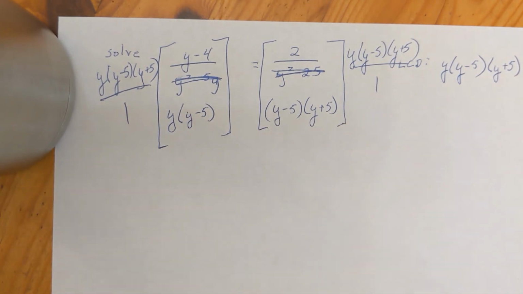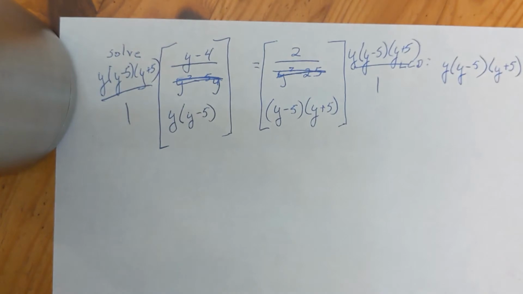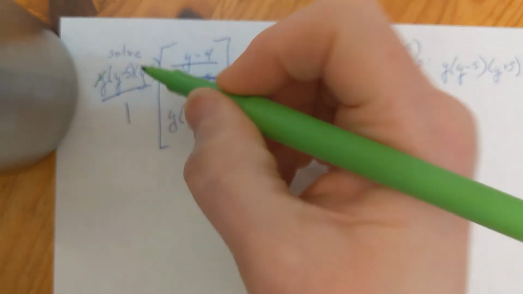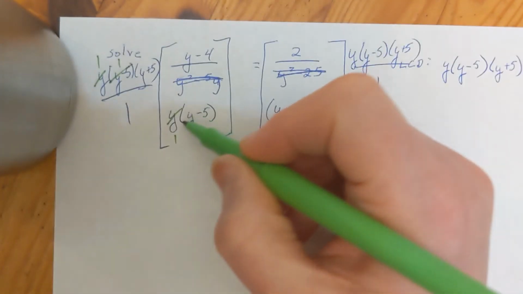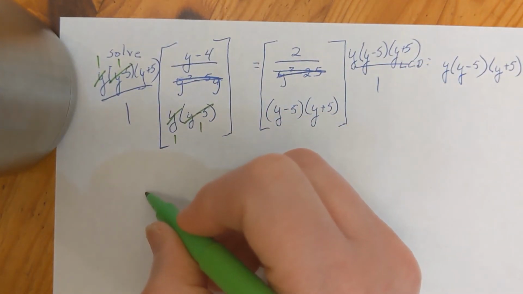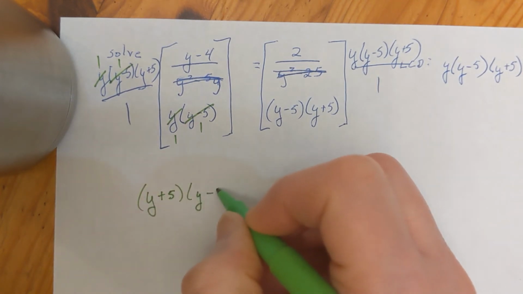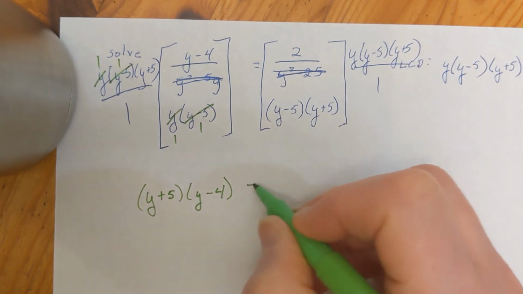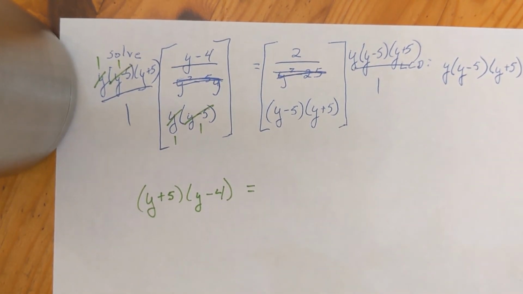I can now divide out common factors, numerator with denominator. Y will divide out with the y, y minus 5 will divide out with the y minus 5, and I will have y plus 5 times y minus 4, and that's all that's left of that fraction.